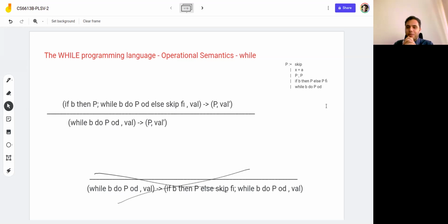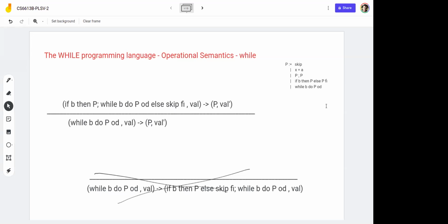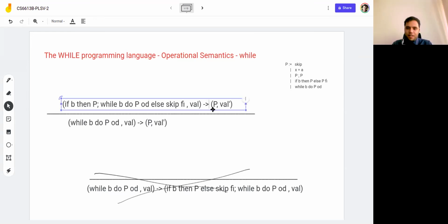Why is this not a problem? Basically, I didn't see anything wrong if we change this arrow to the down arrow. Yes, so yeah, I'm just changing this to a down arrow, let's say.